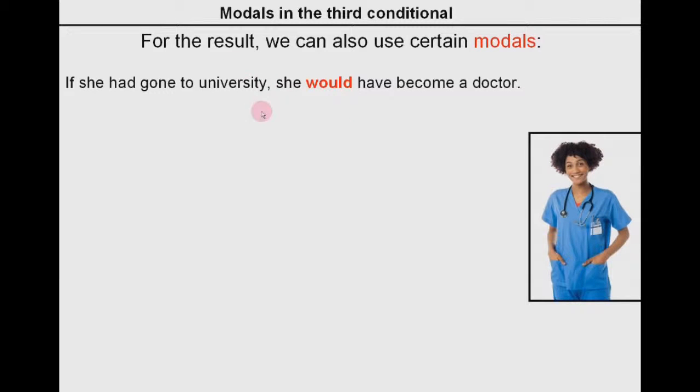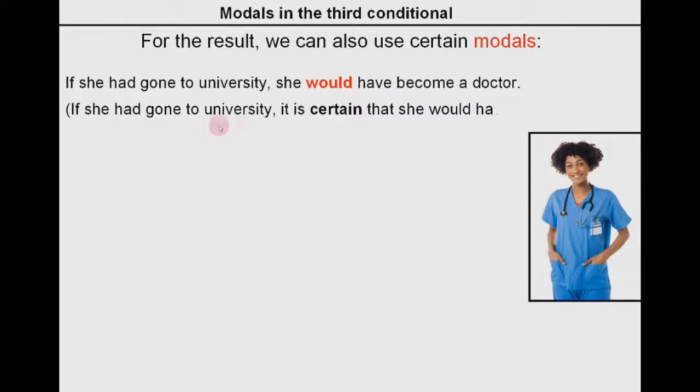So this is the usual modal that we use for the third conditional. And it means that if she had gone to university, then it is certain that she would have become a doctor. So although this is now impossible, however, if it had been true, then it is certain that she would have become a doctor. Okay?